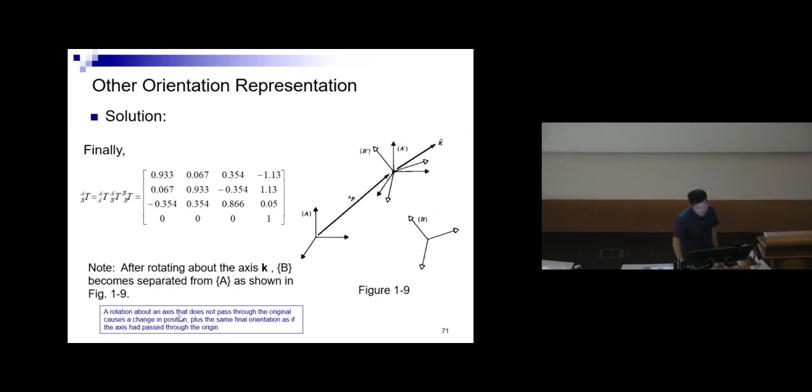So a rotation about an axis that does not pass through the origin will cause a change in position plus the same final orientation as if the axis had passed through the origin.